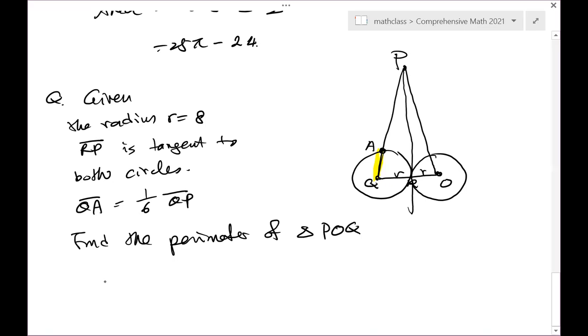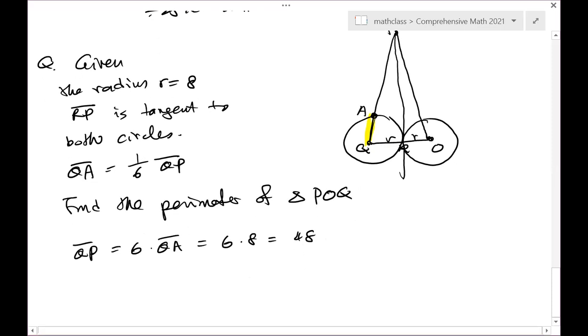So what you do is you have to find out, you see, QA is the radius, right? So QP is going to be 6 times QA, which is 6 times 8. It's 48. The perimeter is QP plus OP plus OQ, just add them together.